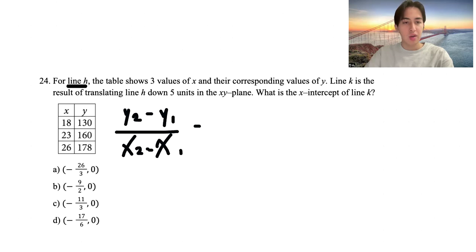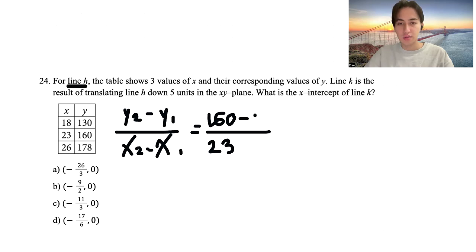So we can make 160 y2, and that means that x2 will be 23, the corresponding x value. Then you subtract y1, so we can make that 130. And then we subtract the bottom by the corresponding x1 value, which is 18. So it'll be 160 minus 130 over 23 minus 18. This will give you your slope.